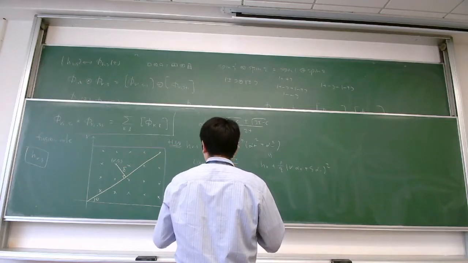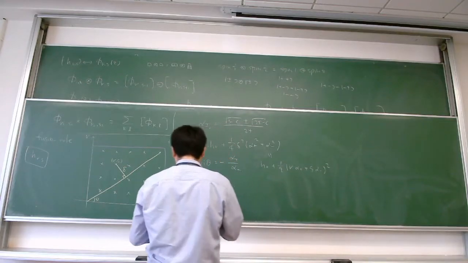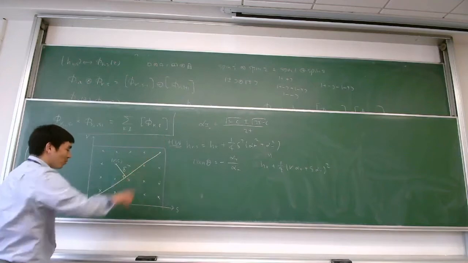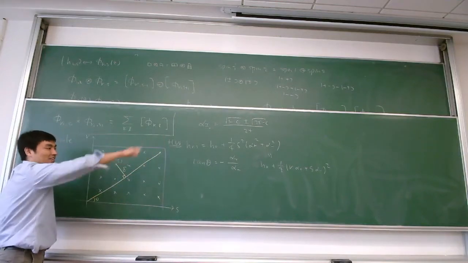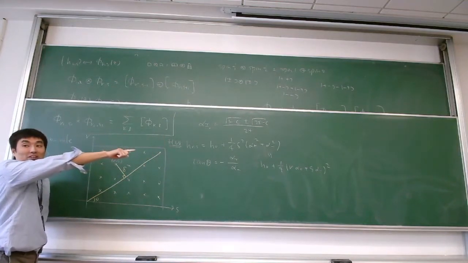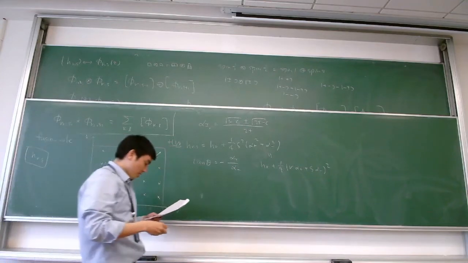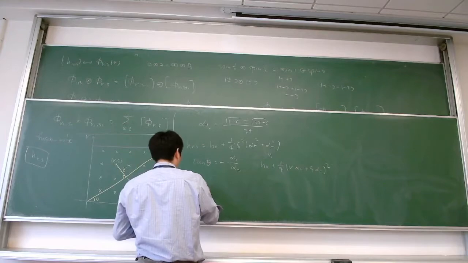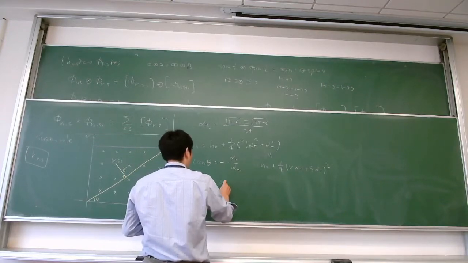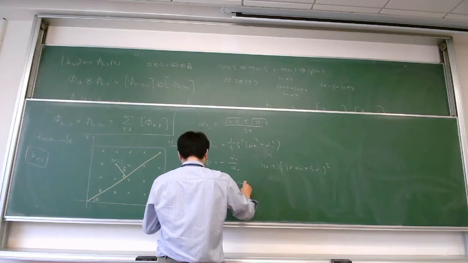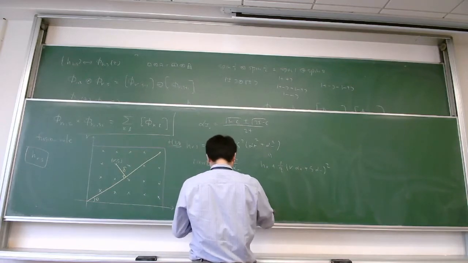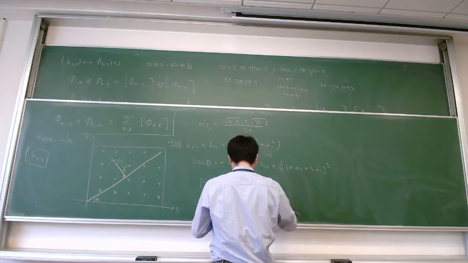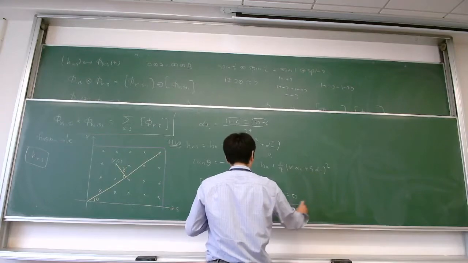When it hits, of course, this slope is a rational number. So you can have two positive integers, p and p prime, coprime, such that p prime alpha minus plus p alpha plus equals c.